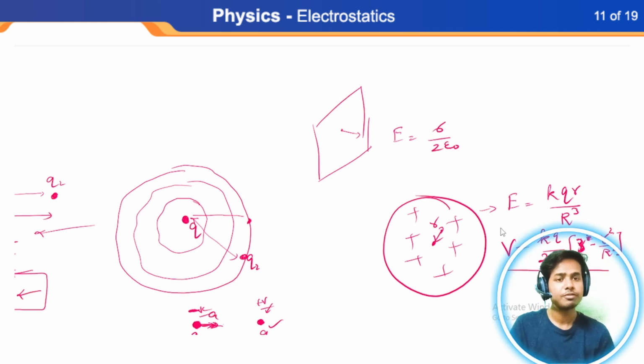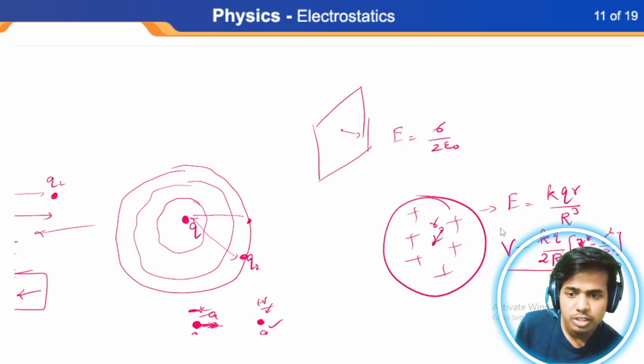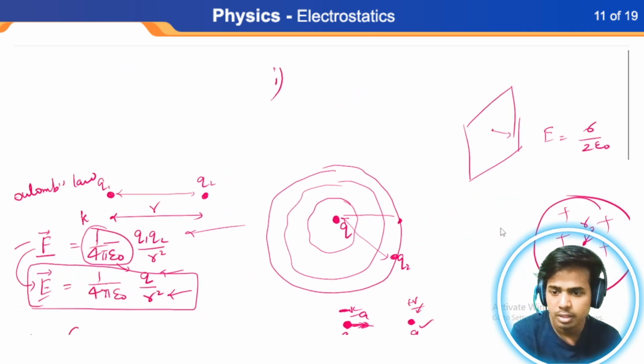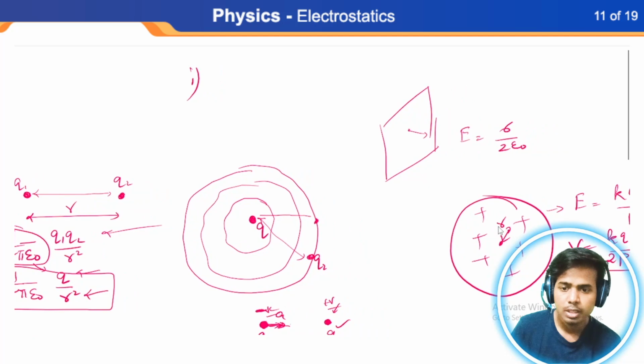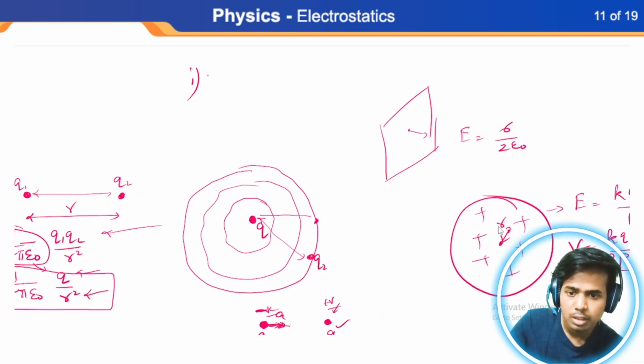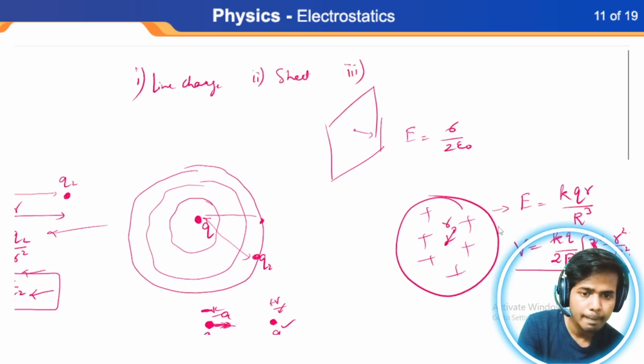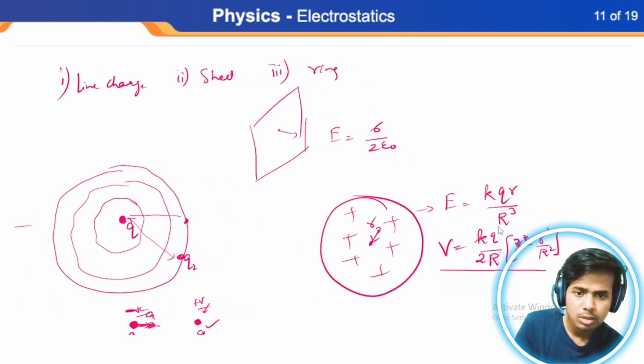So there are a few equations which you need to remember. I'll just mention them, because it is out of scope of this particular mind map, but you should remember them. For example, for line charge or linear charge. Second, for sheet. Third, ring. Fourth, disk.